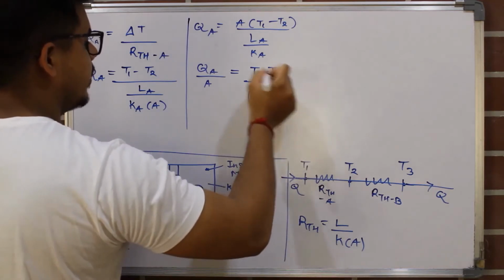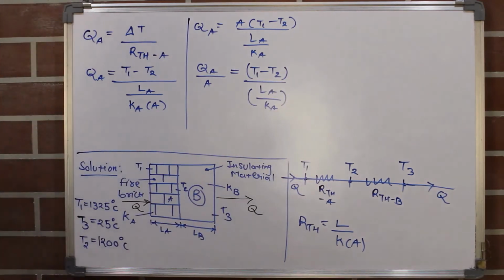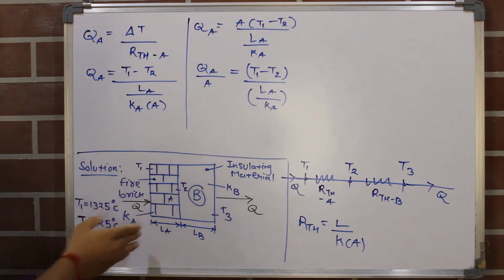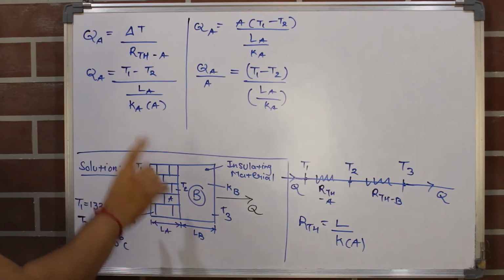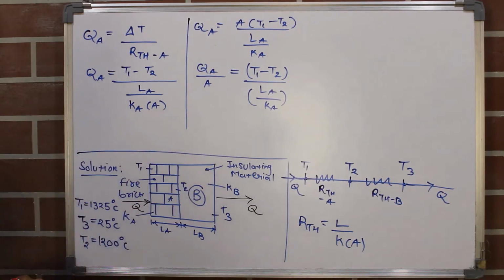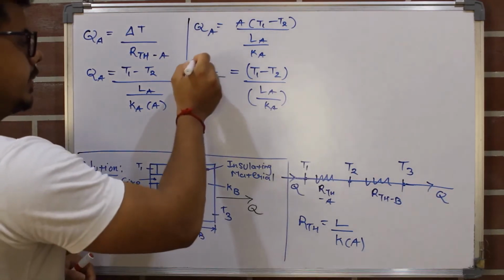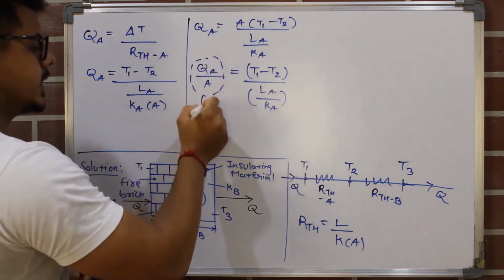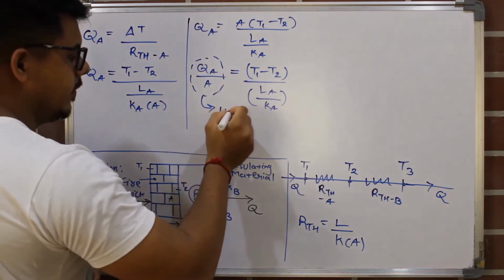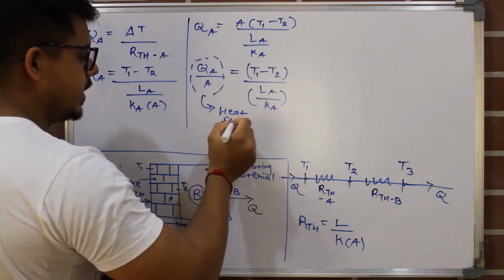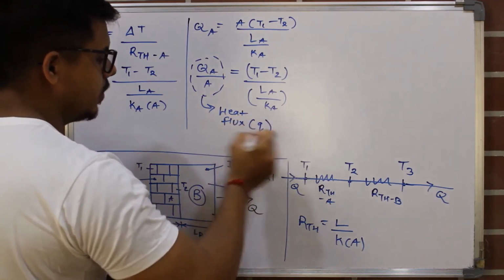And one more thing: in series combinations of plane walls, the area perpendicular to heat flow will remain the same for both the walls. Now what is the meaning of this term? This is known as heat flux, and it is denoted by small q.